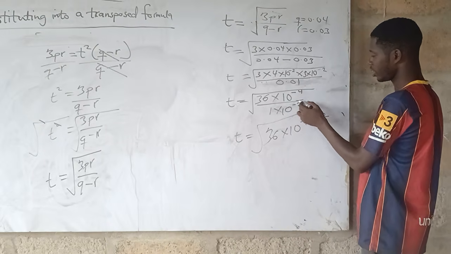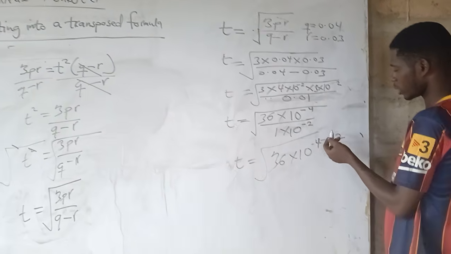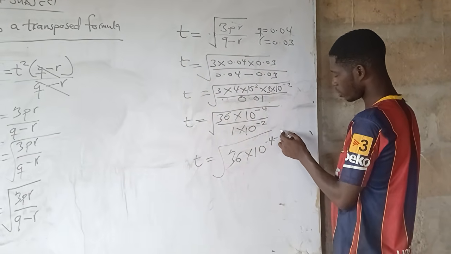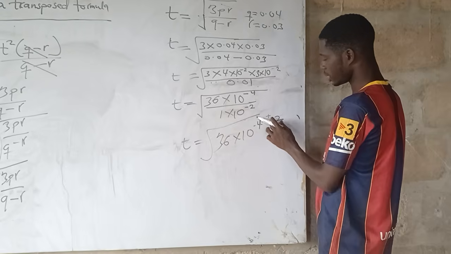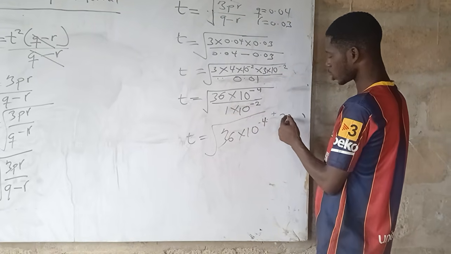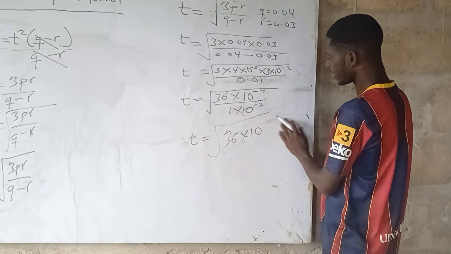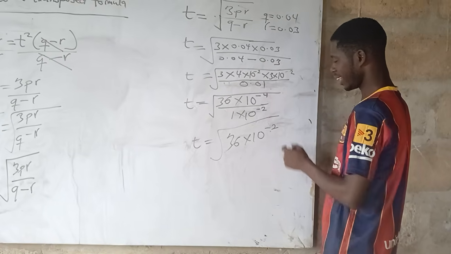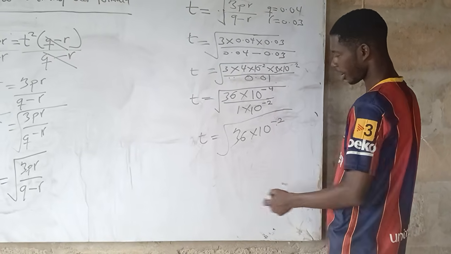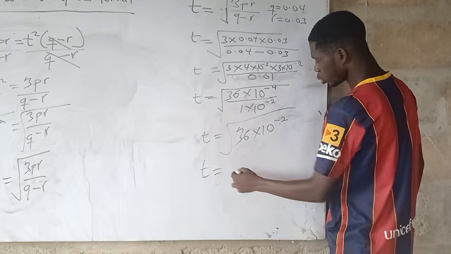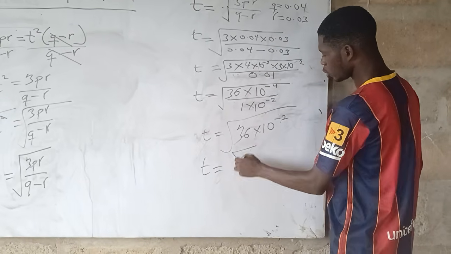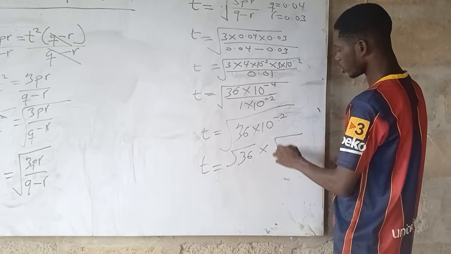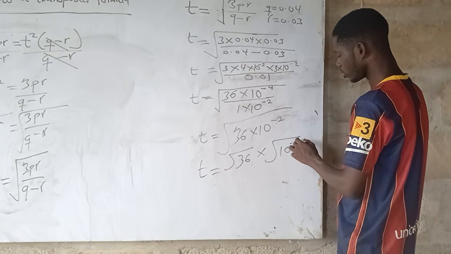So negative 4, because of the division, you bring minus, and this one too is minus here, so it will be positive. So negative 4 plus 2, in which you get negative 2. Now t is equal to root of 36 multiplying root of 10 to the power negative 2.